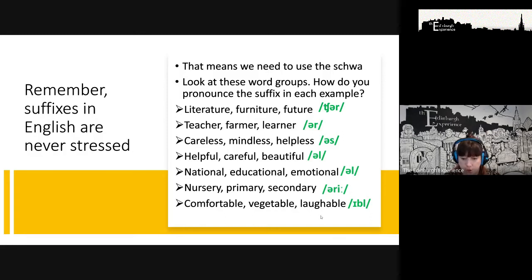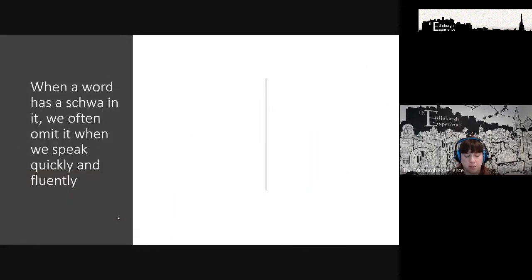So don't get too caught up on whether it's an I or a schwa. Just make sure that you are not saying comfortable or vegetable or laughable. Yeah. So all of these should be able. Comfortable, vegetable, laughable. Okay.